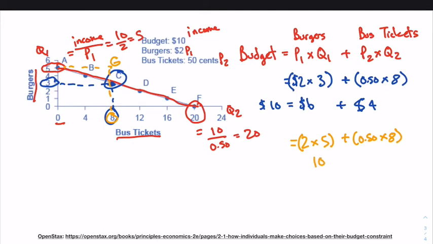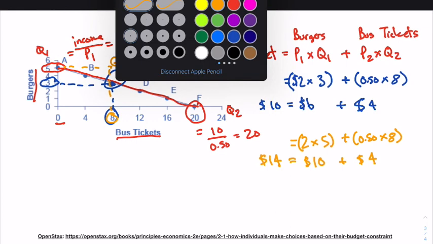So now I'm spending $10 on burgers and $4 on bus tickets. That total would be higher than what our current income is. So that's how we know that this is not attainable. Anything up to the right of this line is not possible because we don't have enough income, or the price is not low enough. Anything on the inside, though, is.